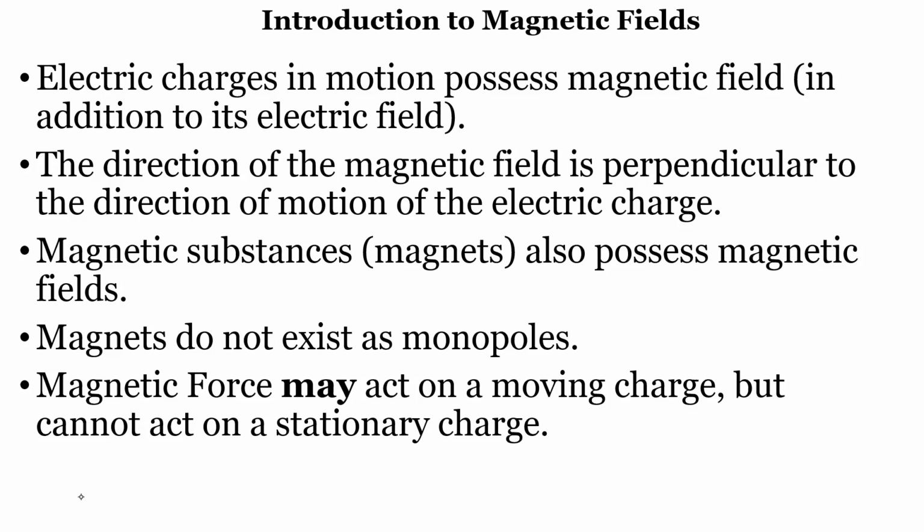Magnetic substances, or magnets, also possess magnetic fields. So when you place your magnets on the table, you can imagine what you've done in the past with electric charges. You can imagine them having lines of force, magnetic lines of force, just like we have electric lines of force.